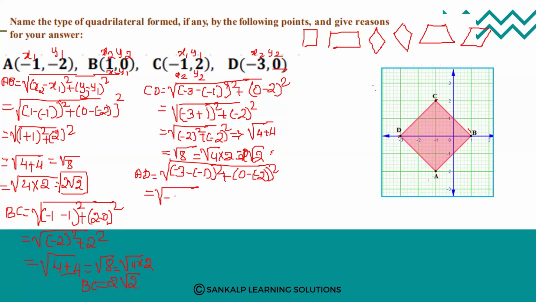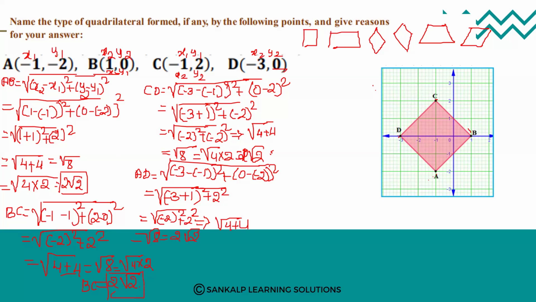Minus 3 minus into minus is plus 1 whole square plus minus into minus is plus 2 whole square. Minus 3 plus 2 again you will get minus 2 square. This is 2 square. So minus 2 square is 4, 4 plus 4, here also you will get root 8. Root 8 can be written as 2 root 2. So observe carefully, in all the cases we are getting 2 root 2.